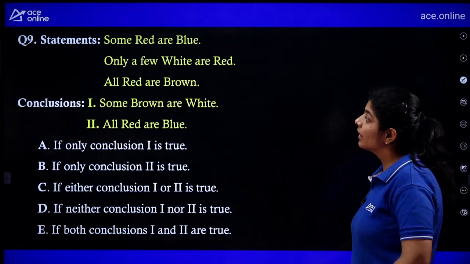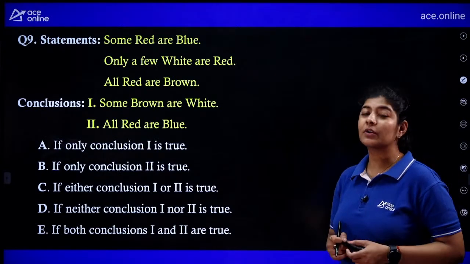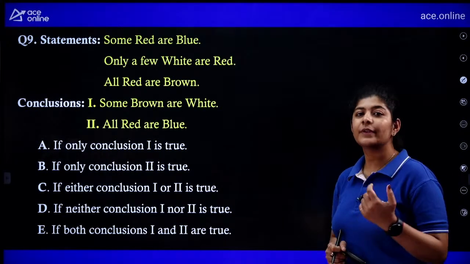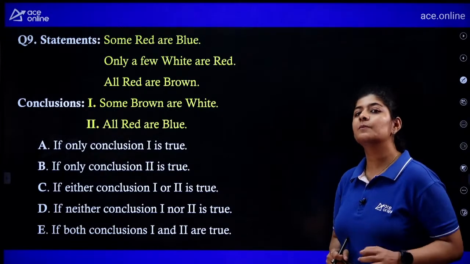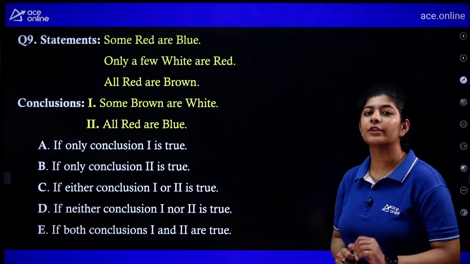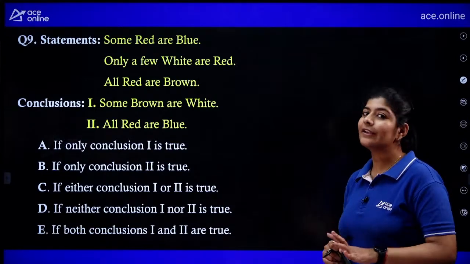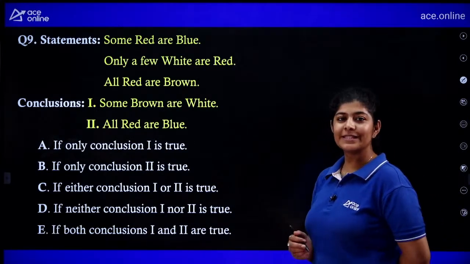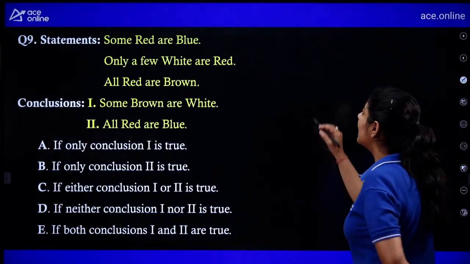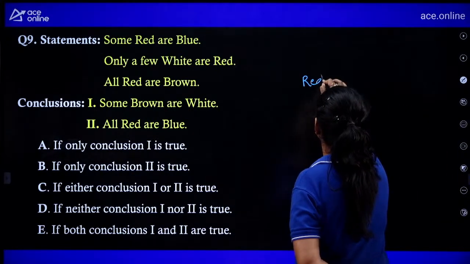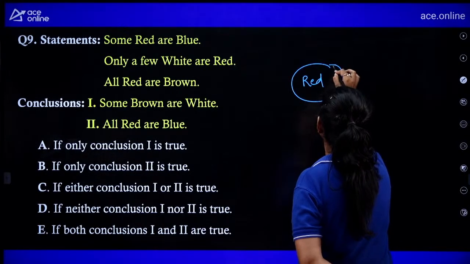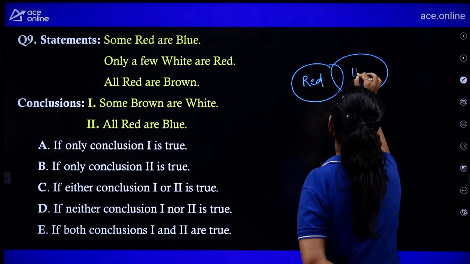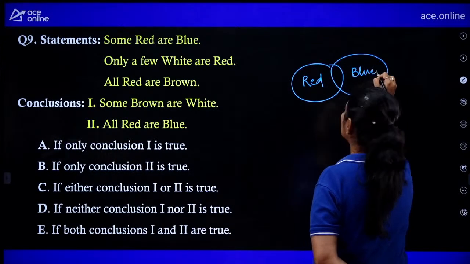Next. The next question is from the concept of syllogisms. Whenever we have a question from this particular concept, first we need to draw the basic diagram and accordingly we need to answer a few questions, right? So the statements are: some red are blue.